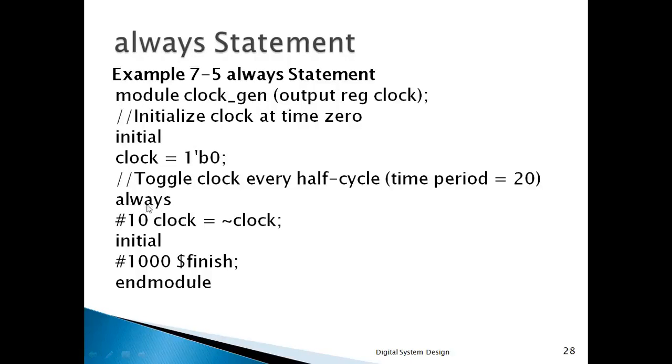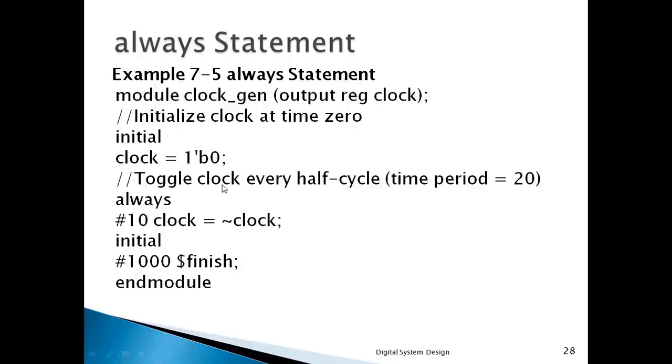used. This always block is continuous here. Now we have used #10, which means that a 10 time unit delay is used, and after 10 time units the value of clock will be assigned the negation of its value. Here you see that after each 10 time units the value of clock will be inverted.